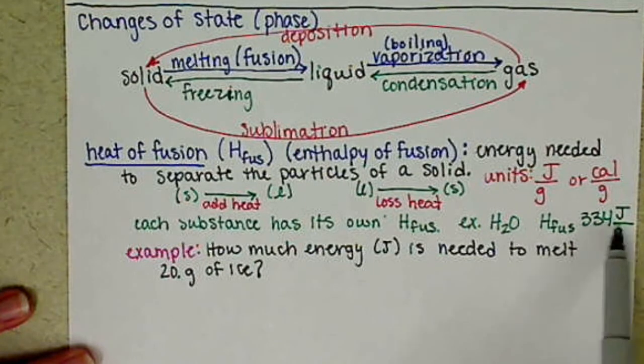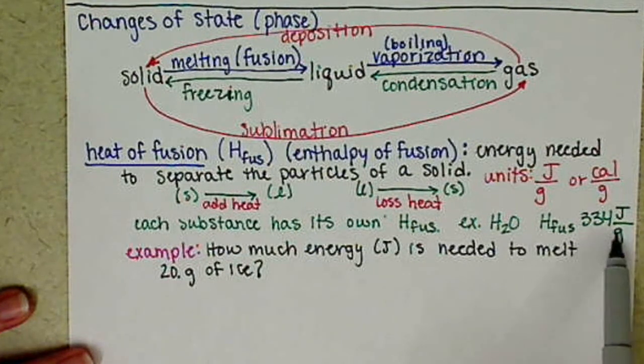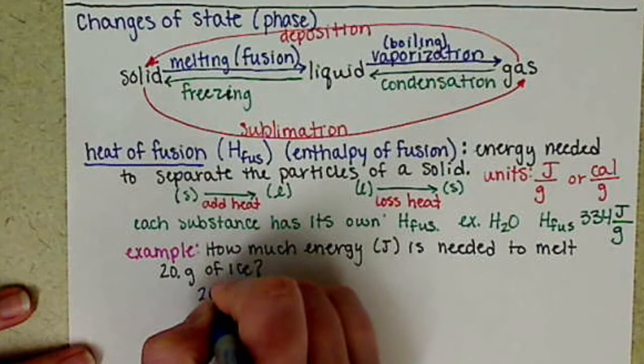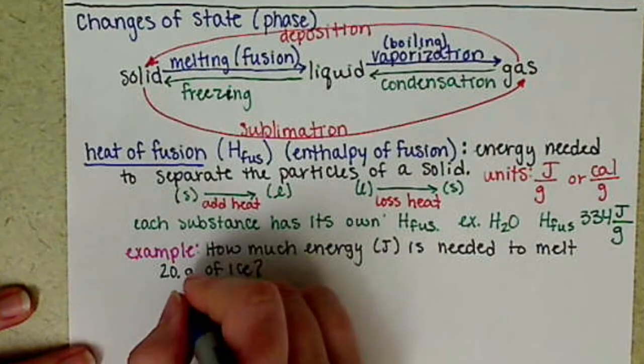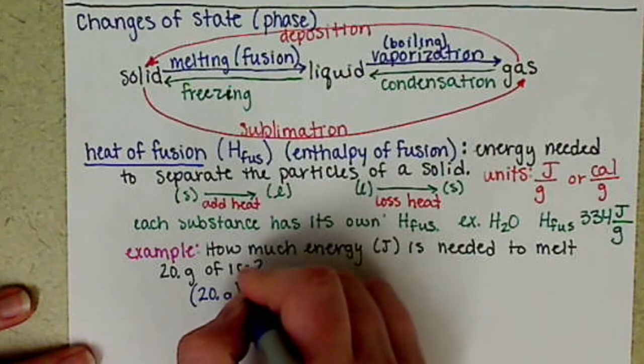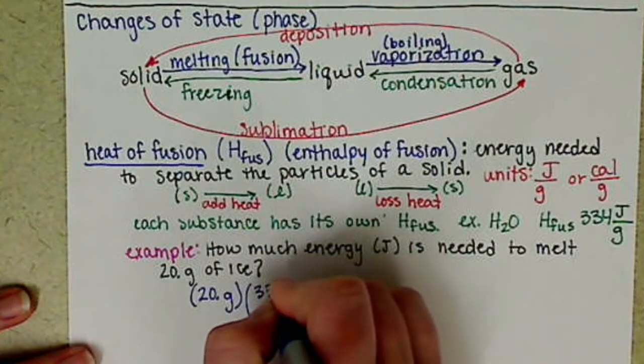We have our heat of fusion here, and that's going to allow us to convert between grams and joules. So we start out with our 20 grams of ice, multiply that by our heat of fusion, 334 joules per gram.